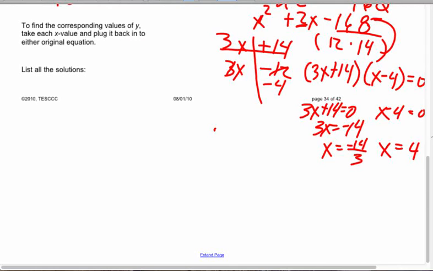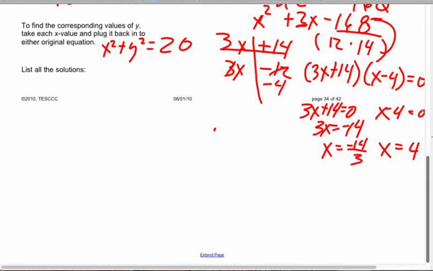So I put them back into my 3y squared minus 2x equals 4, and I plug my x's in. So I'm going to have 3. No, I screwed up. Never mind. I did use the x squared plus y squared equals 20.